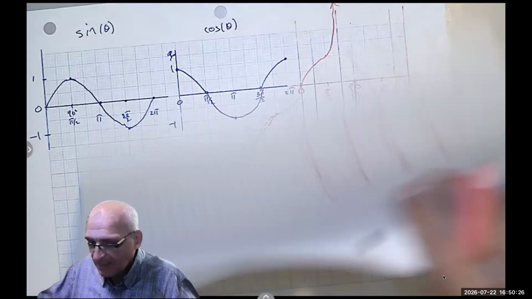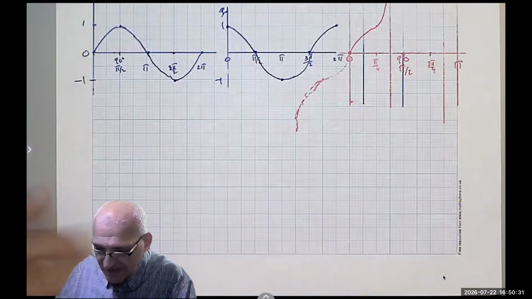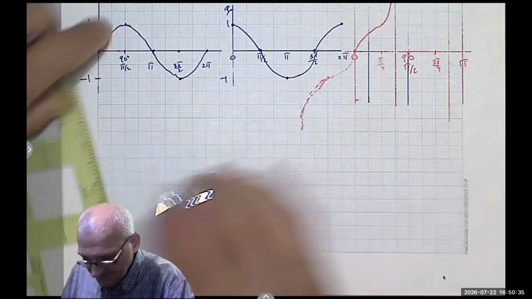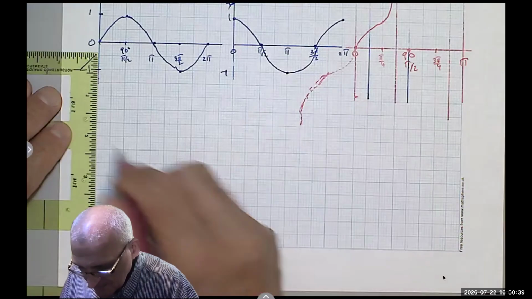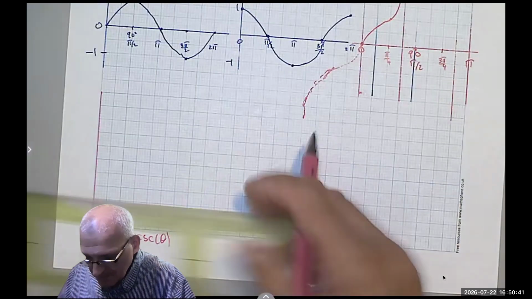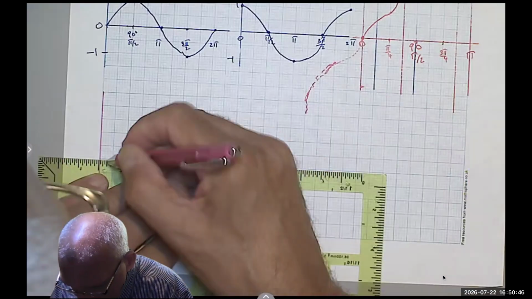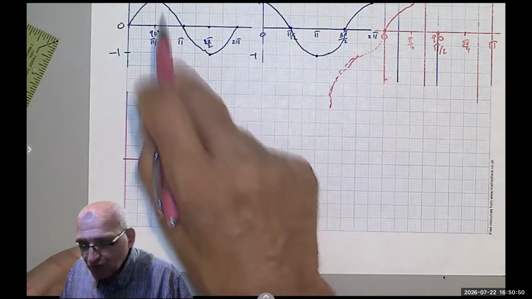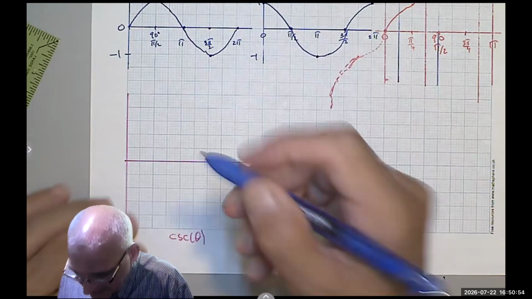Now, if I want to plot the cosecant, which is the reciprocal of the sine of theta, the quickest way to draw it is to draw the sine with dashed lines.